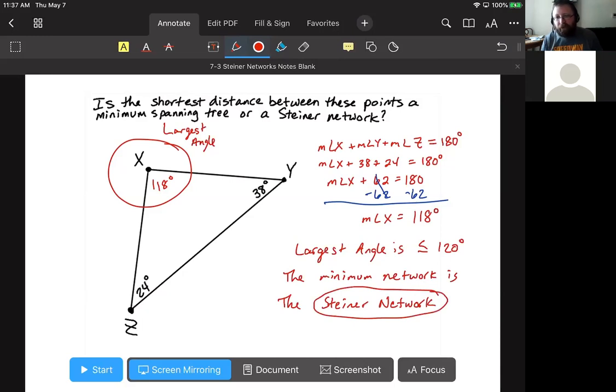It will be the Steiner network. Okay, so it's that simple. We find the biggest angle. If that angle is less than or equal to 120, then it is the Steiner network. And if it is greater than 120, it is the minimum spanning tree. Okay?